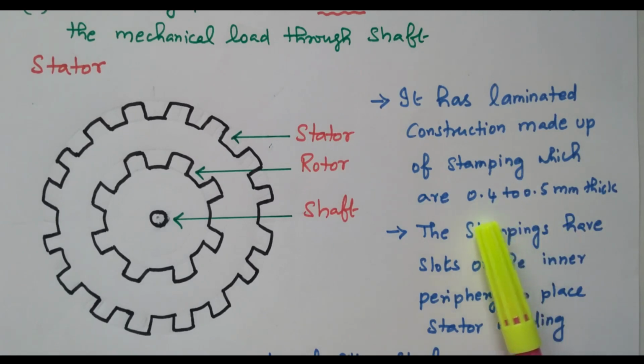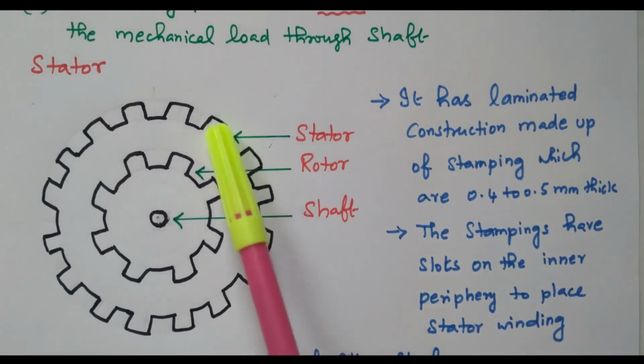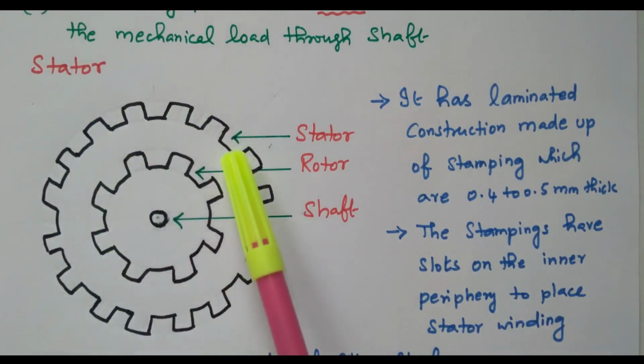Many thin sheets are combined together, laminated, with a thickness of 0.4 to 0.5 millimeter. The stamping has slots on the inner periphery to place the stator winding. So this is the laminated core, and in the slots the stator winding is placed.